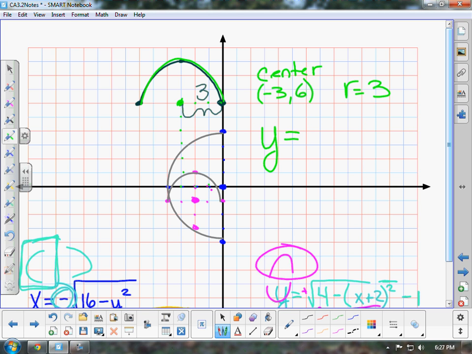And since it's the top half, it's a positive square root. The radius is 3, so in the equation we would put 9 minus, in parentheses, x plus 3 squared, because since y is on this side, x has to be on that side. And then since the other part of our center is 6, we would put plus 6 after it. And that concludes everything from section 3.2.